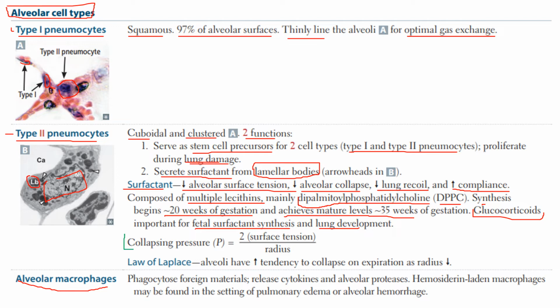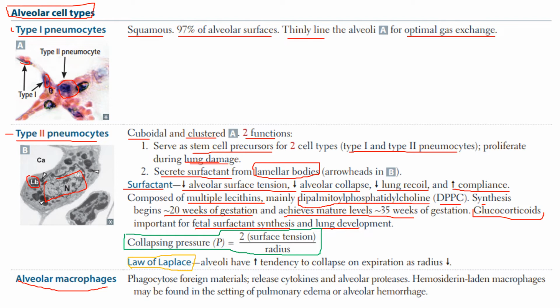The collapsing pressure of alveoli is equal to 2 times surface tension divided by radius. Please do remember this. We'll also talk about the law of Laplace.